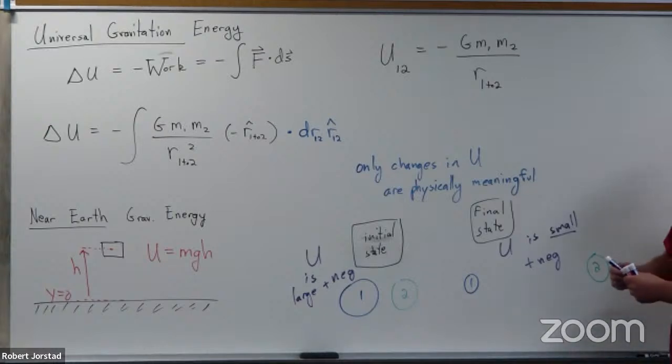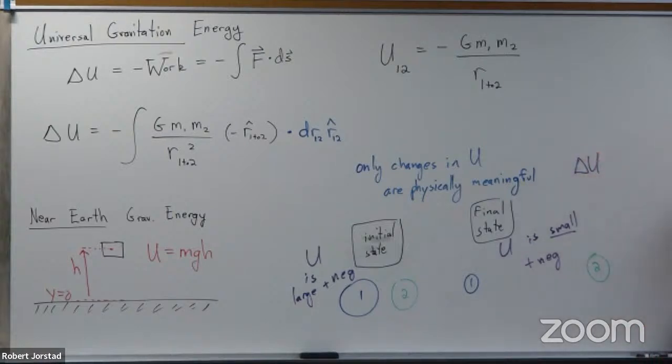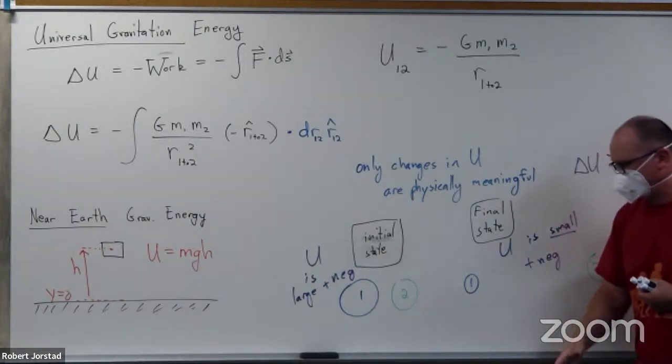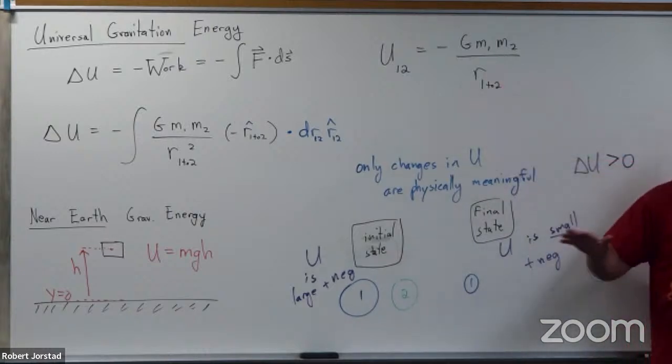Notice what happens to delta U in this scenario. Yes, delta U is positive. So notice we have a large negative initial, and a small negative final. We must have added potential energy to go upwards. Even though this equation looks weird, it's totally legit. Got it?